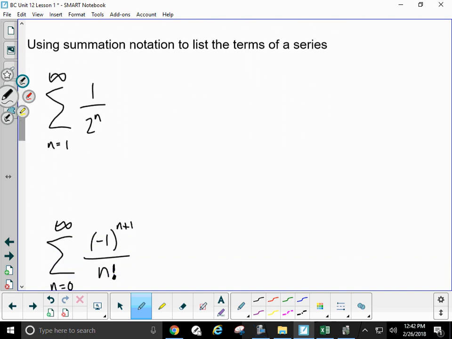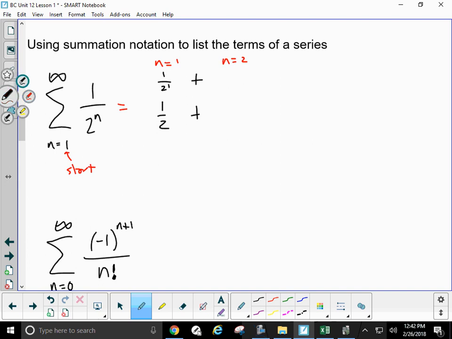Okay, if I give you the summation notation, you should be able to list off the series here, 1 over 2 to the n. Okay, n is starting from 1. So my first term will be n equals 1. I'll plug in 1 into this expression. I'd get 1 over 2 to the first, which is just 1/2, plus my next term, which would be n equals 2.